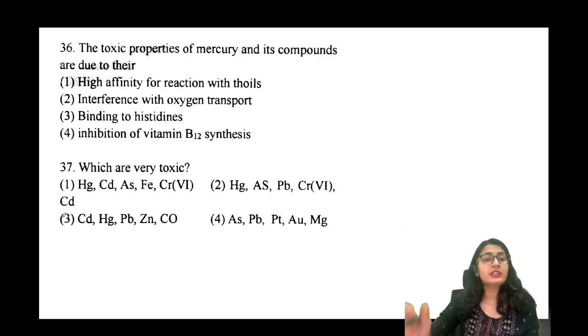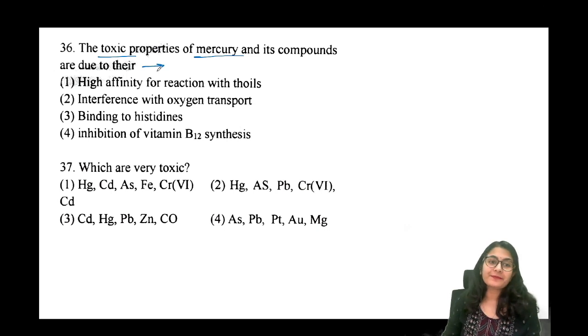Alright, let's move onwards. A few more questions. The toxic property of mercury and its compound are due to... very simple question कि mercury toxic क्यों है? Absolutely, mercury is a soft metal, so it has a higher affinity for the reaction with thiols.